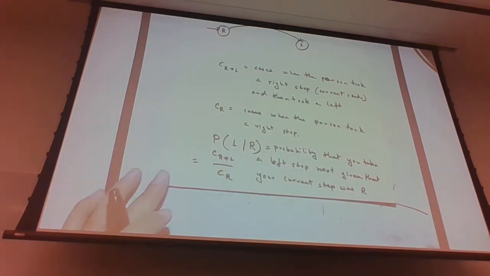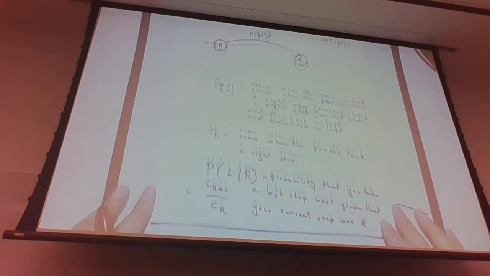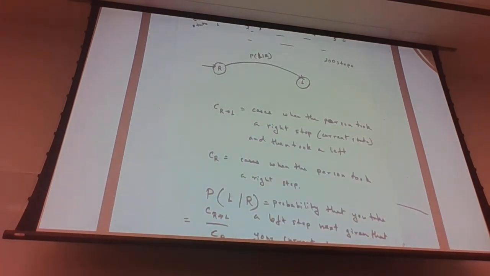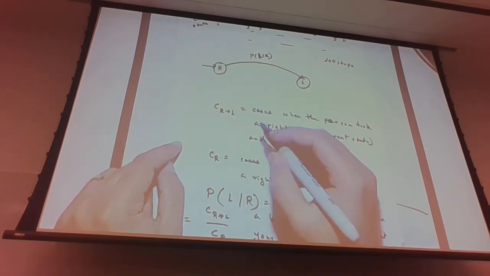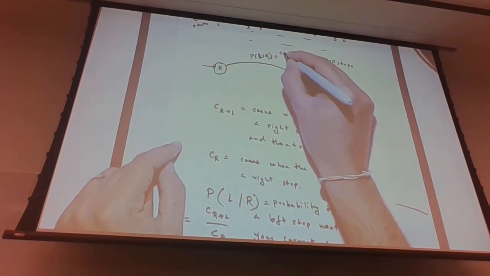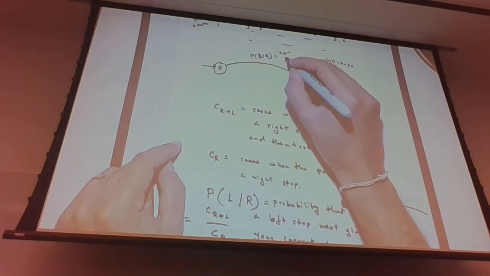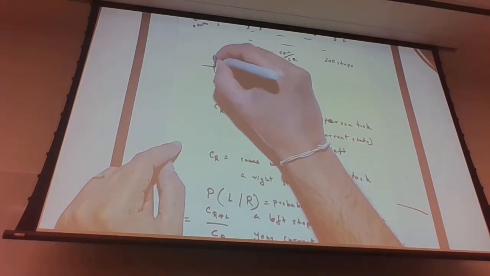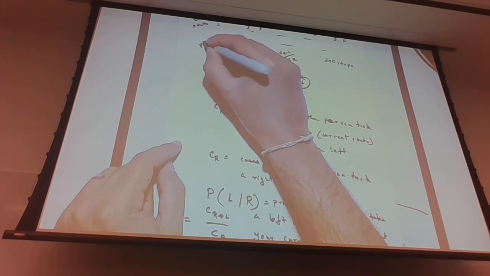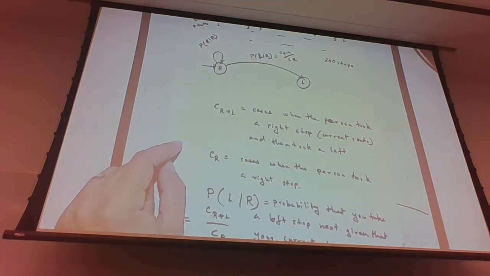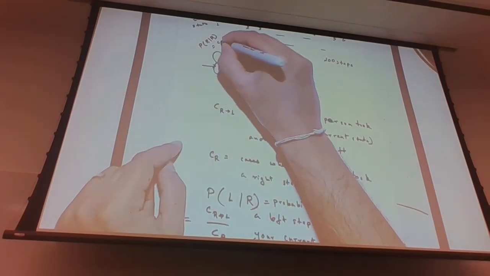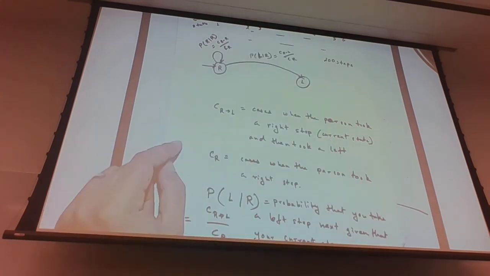Then you can find these probabilities, right? So now similarly you found these. You can similarly find CRR by CR. So this is CRL by CR. Then you can have this probability that the next step was R given that the current step was R. So this is CRR by CR. This you can do.